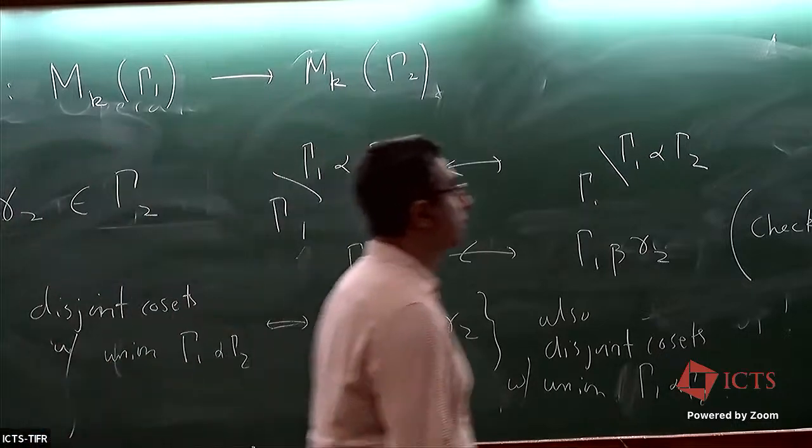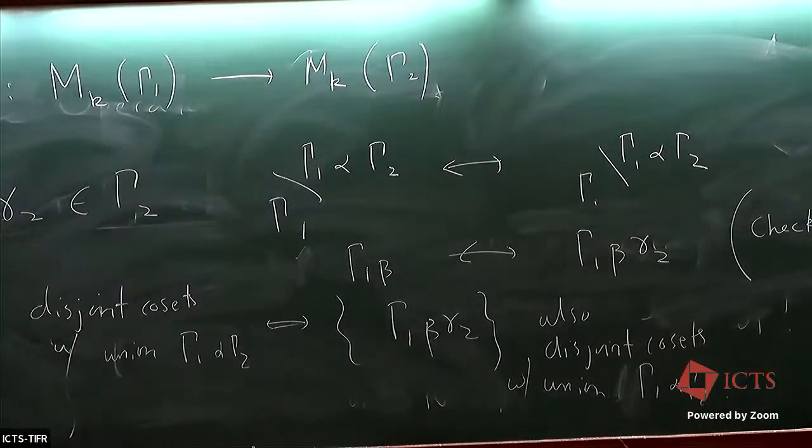So beta j Gamma 2 is a new set of coset representatives.